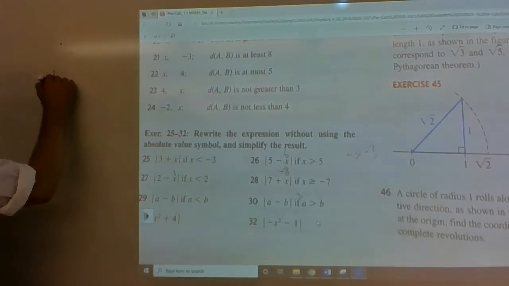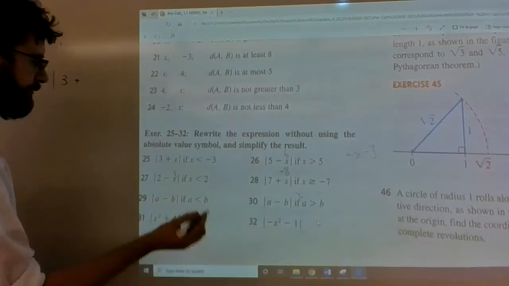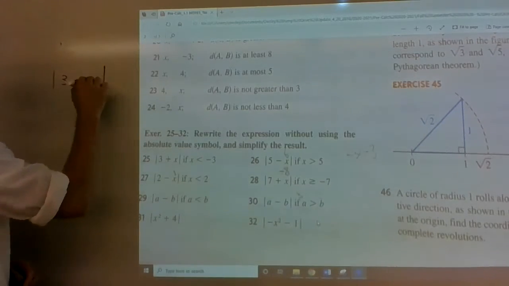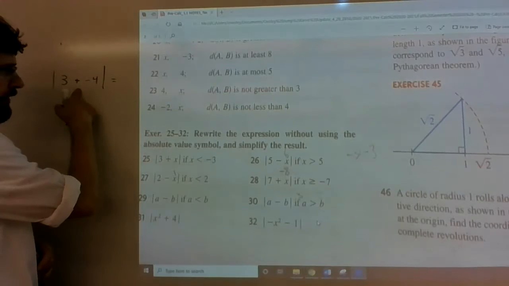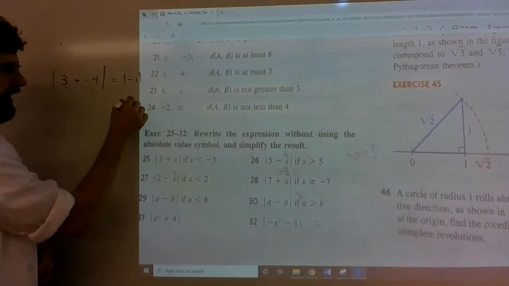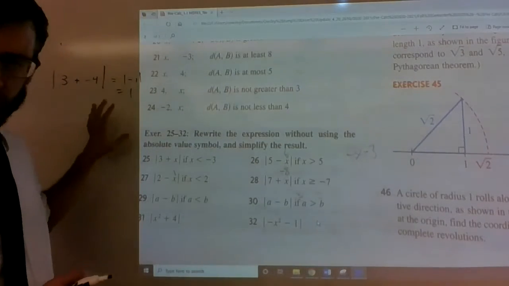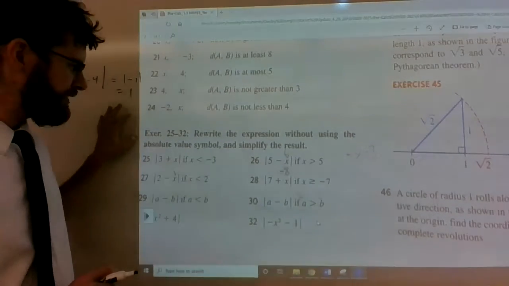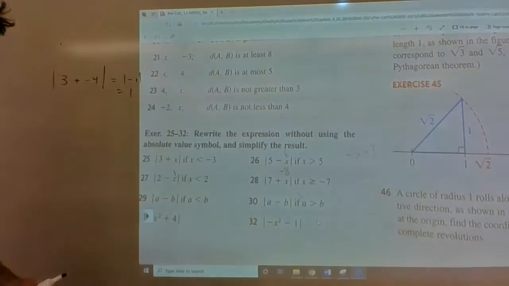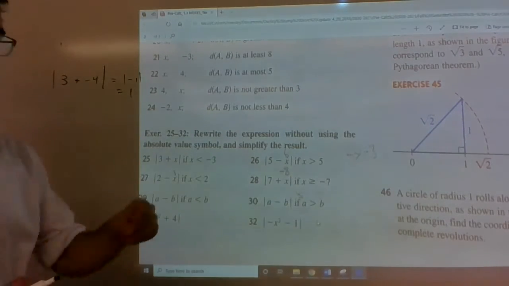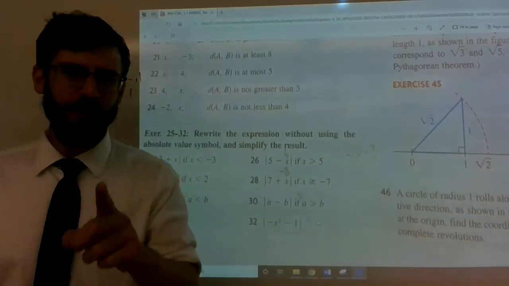So if I took the absolute value of 3 plus -4, I am going to get 3 minus 4 inside here, which is -1. Absolute value of that is positive. So 1 is almost like a bottom integer value. And, oh, wait. No. Here's what we've got to do.